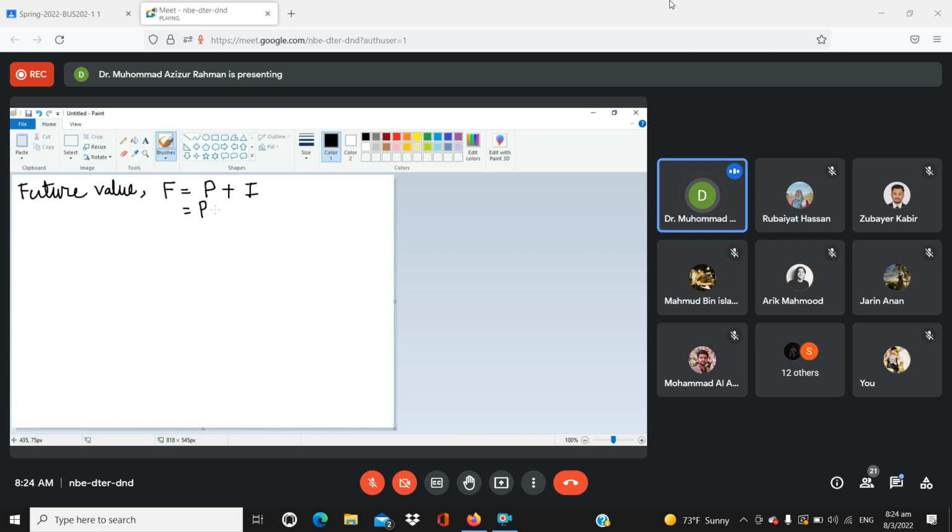So principal amount plus interest equals P plus PIN. Then you can make P common, so P times 1 plus IN.